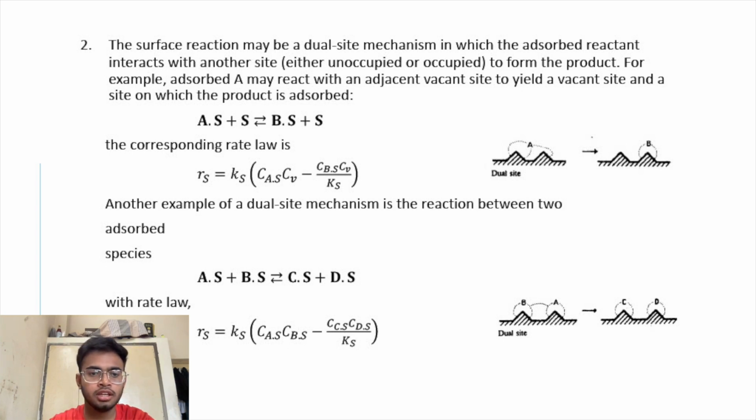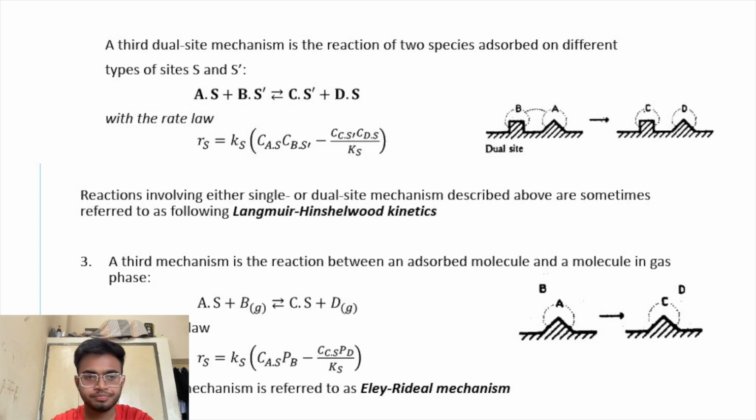Then the other example of the dual site mechanism is when two different species are adsorbed on two different surfaces or two different sites. Again, with this diagram, this example is very clear and we can understand how the reaction is proceeding.